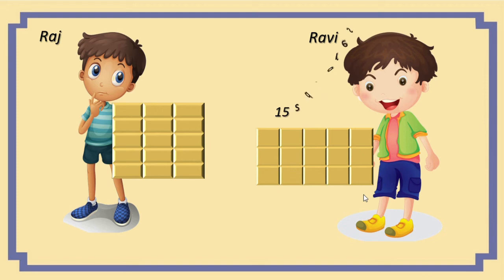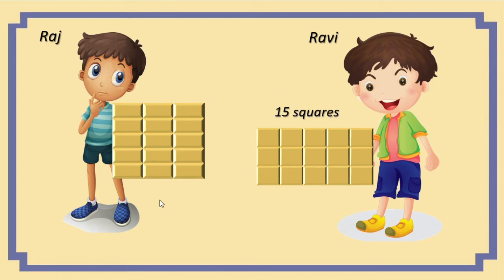See here, Ravi's chocolate has 15 squares, isn't it? 1, 2, 3, 4, 5, 6, 7, 8, 9, 10, 11, 12, 13, 14, 15. Means Ravi has 15 squares in his chocolate.